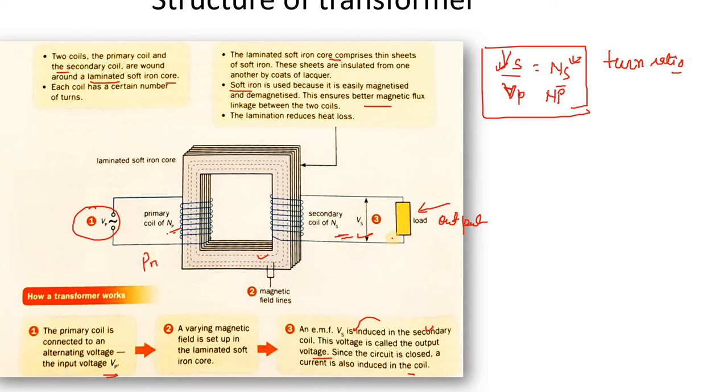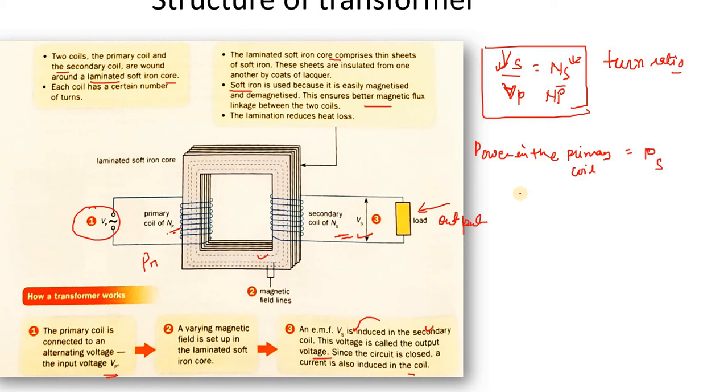It means whatever power is in the primary coil will be equal to the power in the secondary coil, right? So I'm just writing it short, power in the secondary coil.